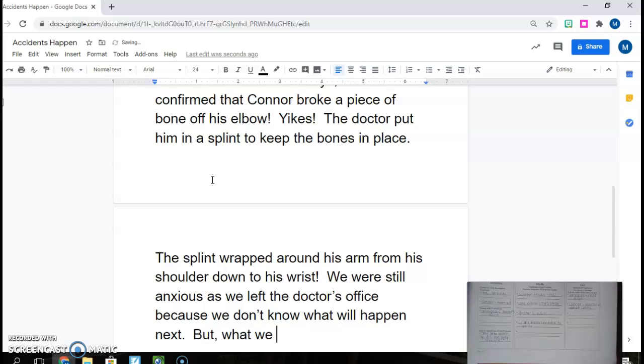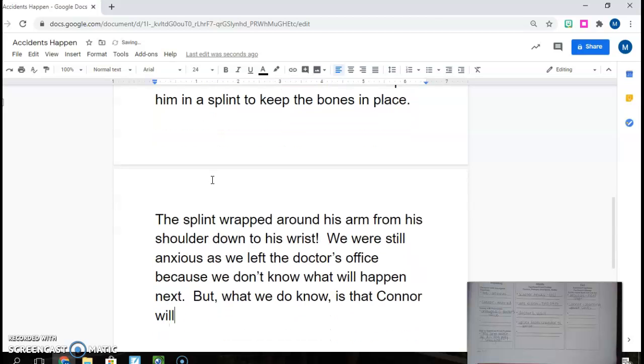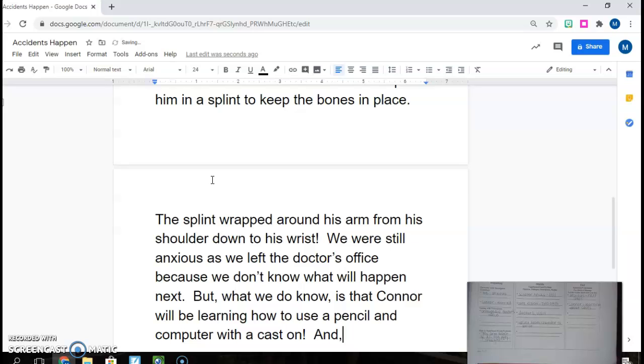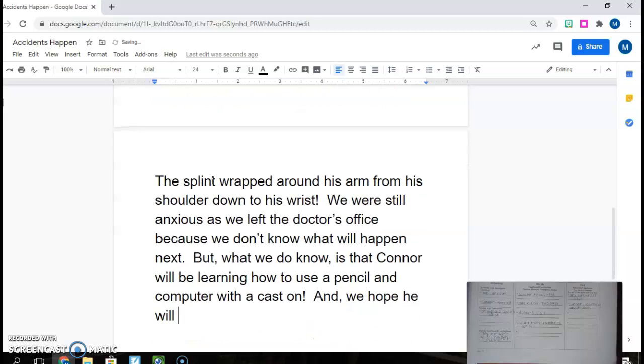But what we do know is that Connor will be learning how to use a pencil and computer with a cast on. And we hope he will be more careful doing tricks from now on.